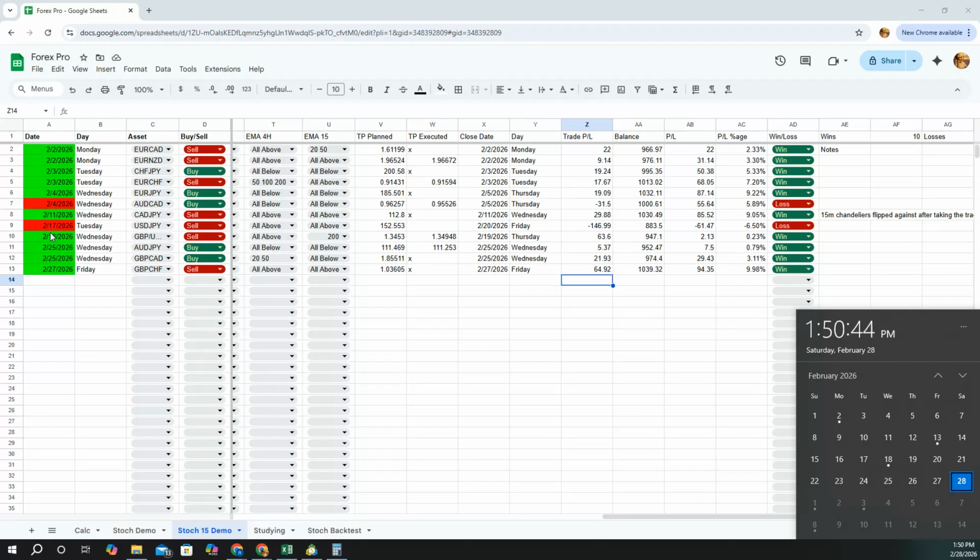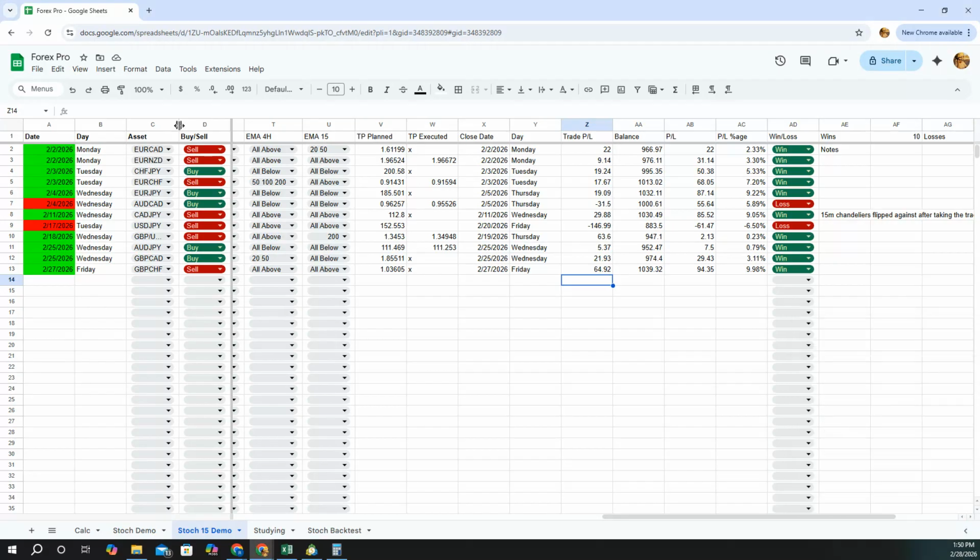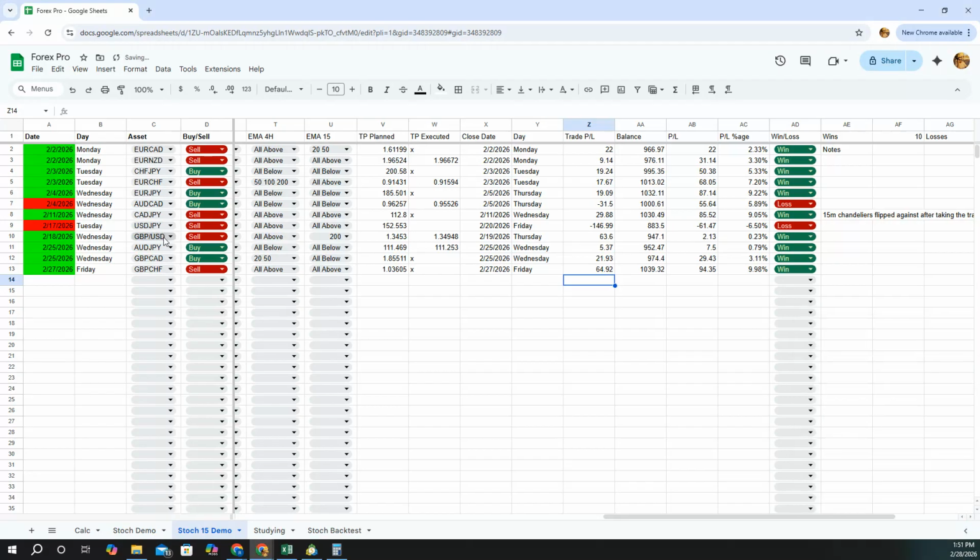Yeah, so 17, 18, those are the two trades that are within those boundaries. So we have the USD JPY and the GBP USD. Okay, so let's look at what happened.